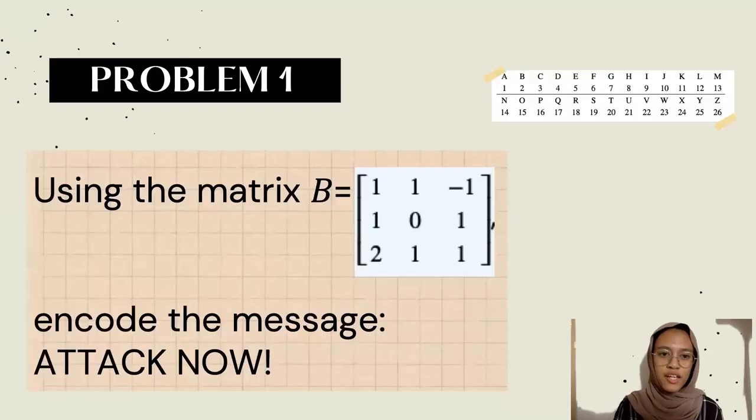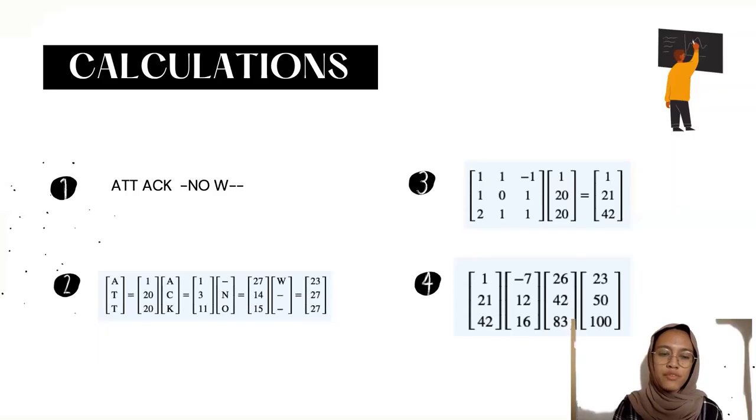So thank you, Joanna. So now we'll be solving the first problem. The first problem is: using the matrix B, given here as a 3 times 3 matrix, encode the message attack now. On the top left, we have the codes for each letter. So let's go to the calculations. First, we have to divide the letters into groups of 3.